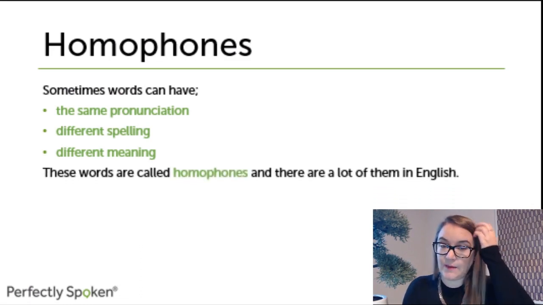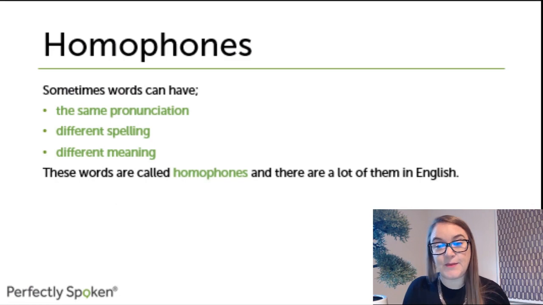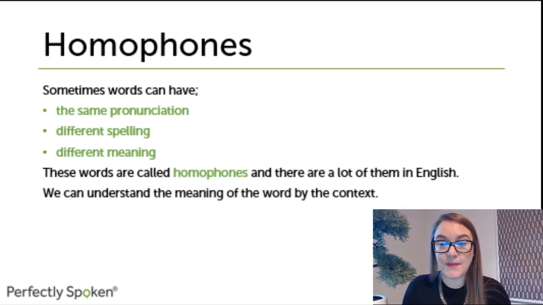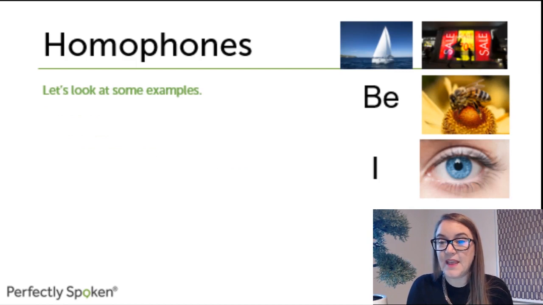Words that have the same pronunciation but different spelling and different meaning are called homophones, and there are a lot of them in English. We can understand the meaning of the word by the context, by the sentence that it's in. Let's look at some examples.